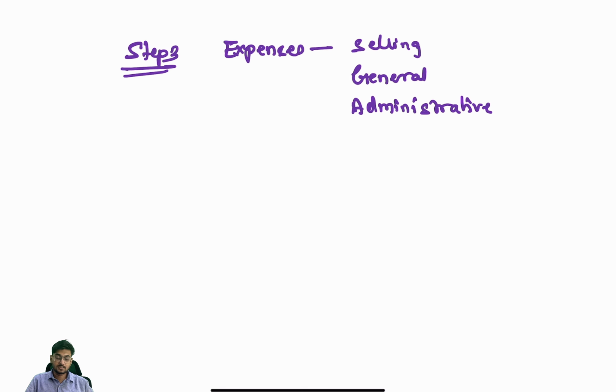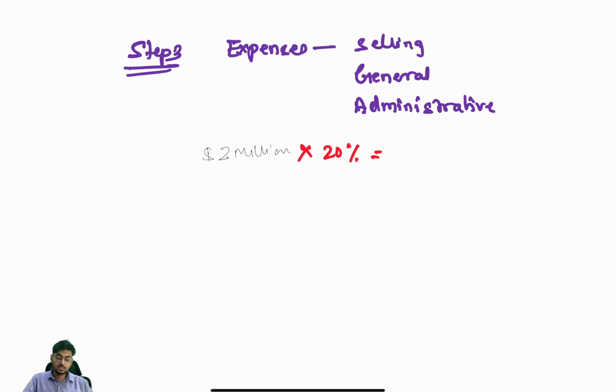Means last year your expenses were $2 million. Now to achieve this higher sales, 20% you need to give extra. So how much is it going to be?